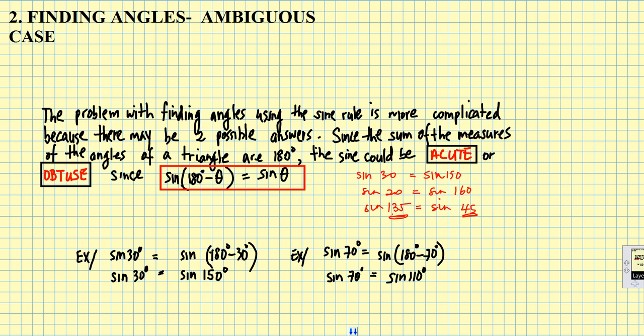So, for example, the sine of 30 gives me 0.5, but the obtuse angle version would be the sine of 180 minus 30, which makes it sine of 150. And we know that the sine of 150 is identical to the sine of 30 because of this trigonometric identity, which says that the sine of theta is equal to the sine of 180 minus theta.